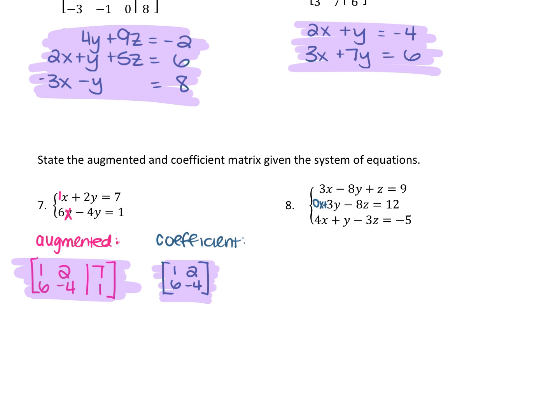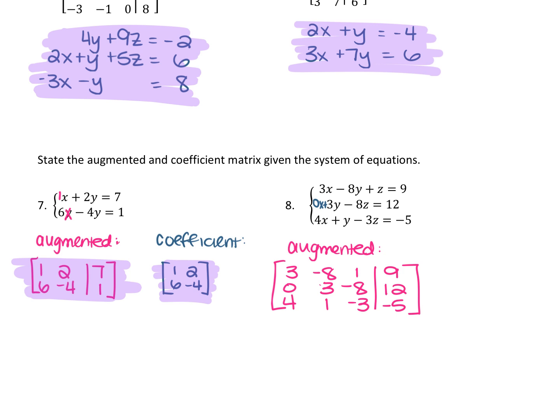To give your augmented matrix, we're going to have 3, -8, 1, and 9 as your answer for your first row. Then you'll have 0, 3, -8, and 12 for your second row. And then 4, 1, -3, with the answer of -5 for your third.